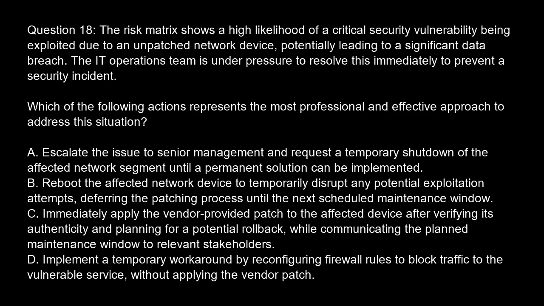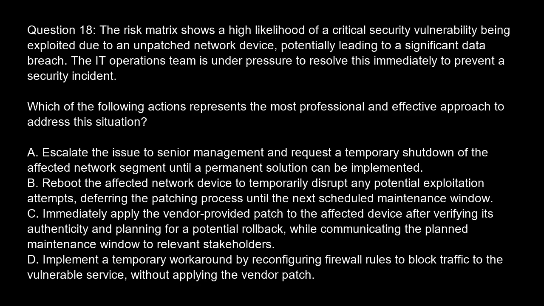Option A. Escalate the issue to senior management and request a temporary shutdown of the affected network segment until a permanent solution can be implemented. Option B. Reboot the affected network device to temporarily disrupt any potential exploitation attempts, deferring the patching process until the next scheduled maintenance window.